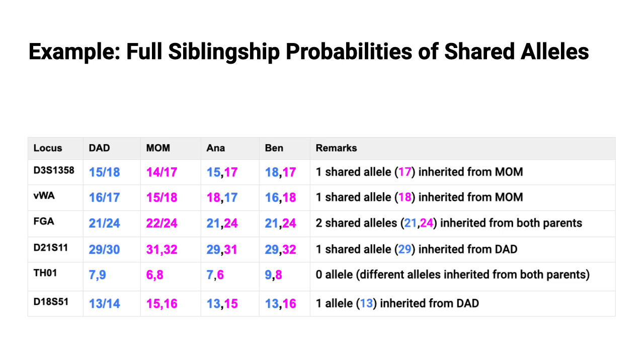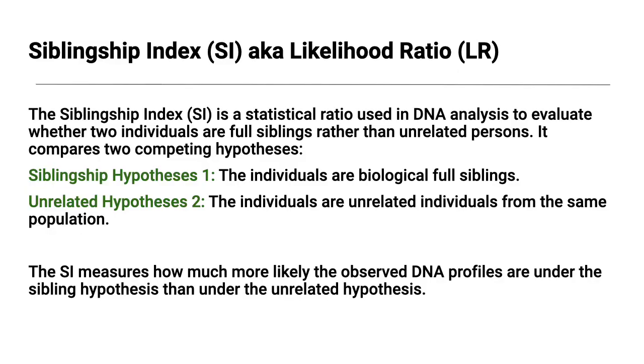We must analyze the probability of these patterns occurring under different hypotheses. The siblingship index tells us how many times more likely the DNA results would occur if the two persons were siblings rather than unrelated individuals.